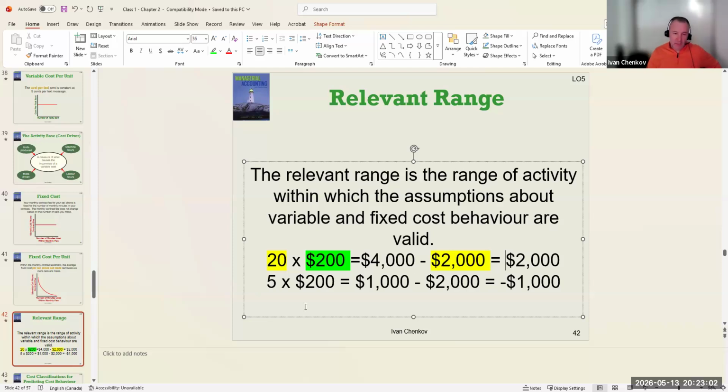So that's where the calculation comes. If I have 5 students on the waiting list and they pay me $200, that will be $1,000 additional to me. But my cost for the rental already jumped by another $2,000.